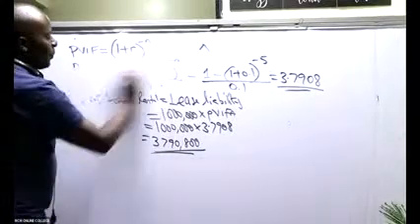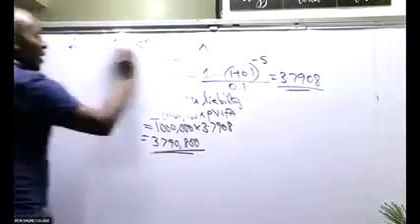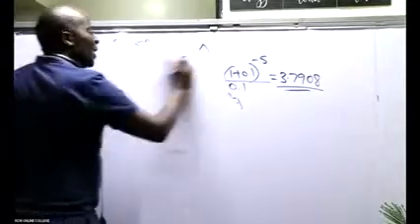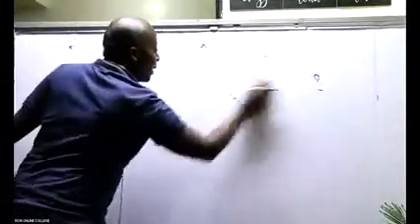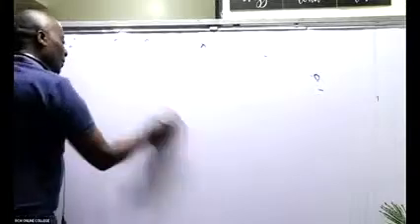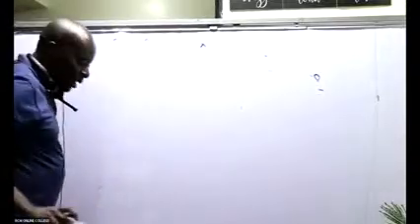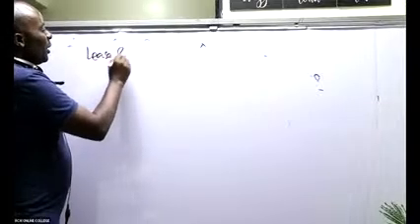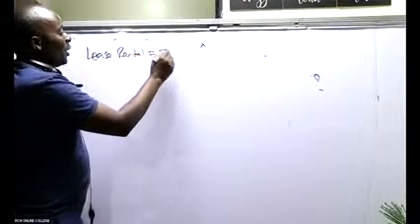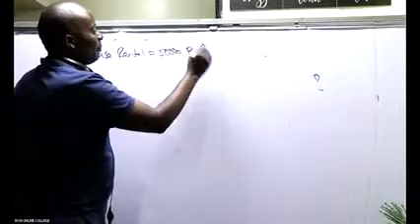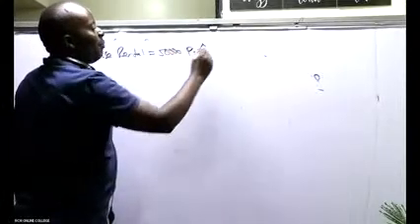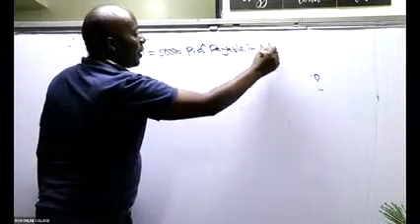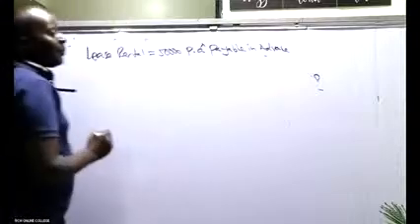But you see again, another trick that I've always seen the AFR, Advanced Financial Reporting, and of course the Intermediate Financial Reporting examiners doing. These examiners will come and tell you that lease rental is 50,000 per annum, payable in advance.